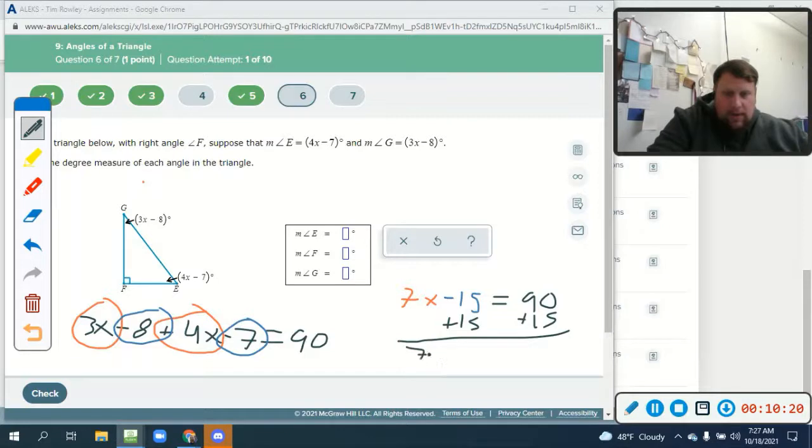I get 7x equals 105. And let's see, divide both sides by 7. I know that 7 goes into 10 once, leaves 35. 3 and a 5, so that's 35, goes in there 5 times, 15. Boom, 7 goes to 7 once, those cross out. I get x equals 15.